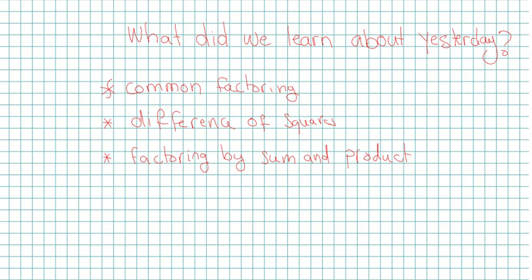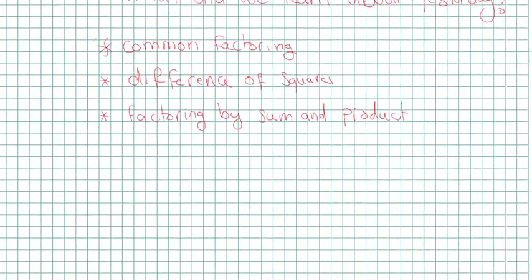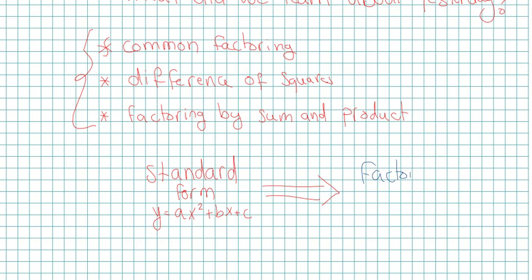So, it's basically all these forms, right, are for me to go from standard form, which is y equals ax squared plus bx plus c, and to go to the factored form, which can look like this.